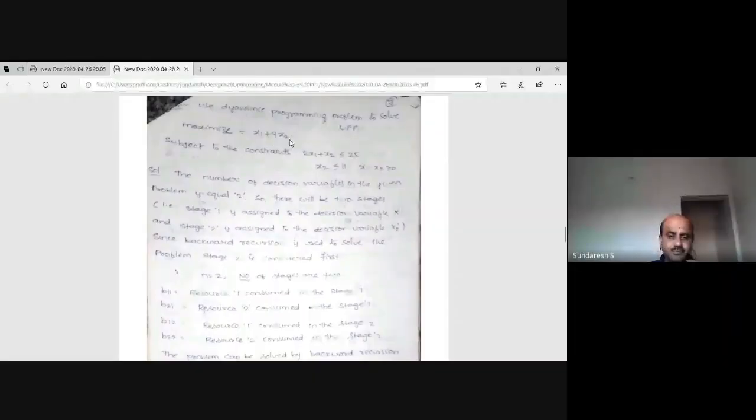I want you to solve this individually with the same procedure I have followed, and where you get stuck, you can stop me and ask. Please look at this problem statement. I will dictate it: maximize z is equal to x1 plus 9x2, subject to the constraints.